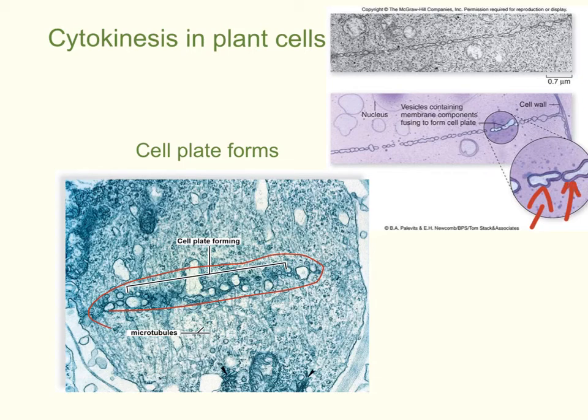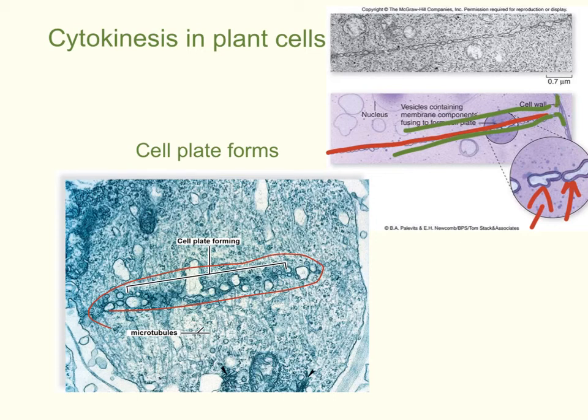Their membranes will fuse together, connecting the cell wall material inside into a new cell wall that will divide the cell into two new cells, and the membrane portion of the vesicles become the new plasma membrane, one on this cell and one on this cell, and they will merge with the existing plasma membrane.